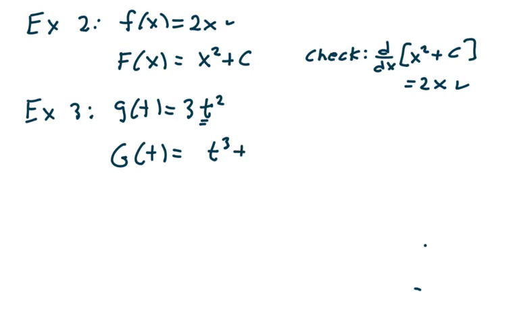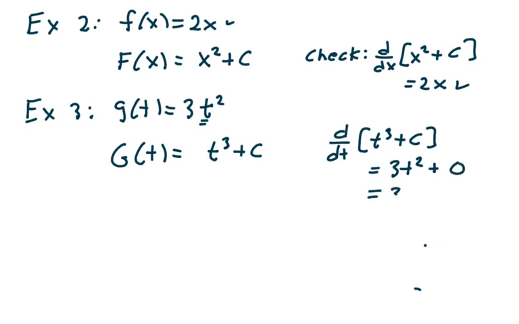And then I just add c, because the derivative of any constant is 0. And so the derivative of t to the third plus c is the same as 3t squared plus 0, which is equal to 3t squared. And that's what I want. That's exactly what we started with.